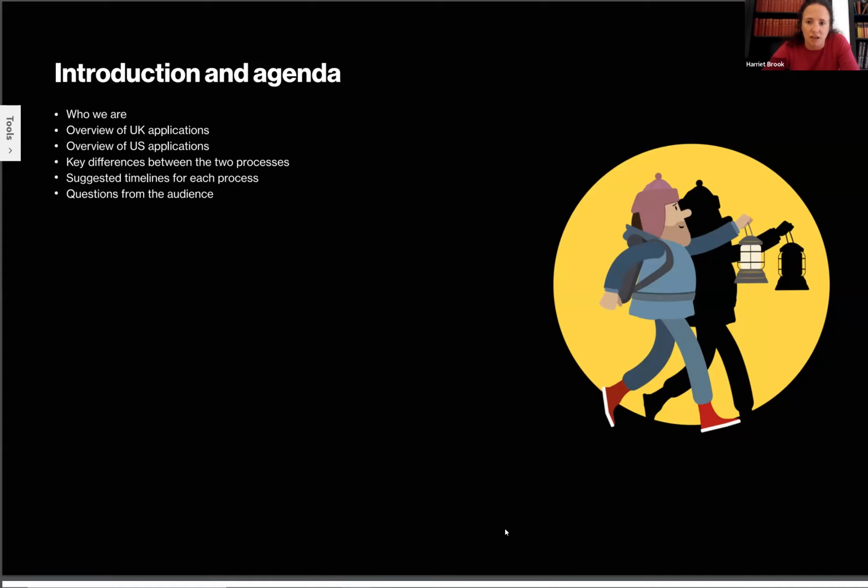So juggling the application process is fundamental, to make sure that the applications are equally robust. It's helpful to see them alongside each other to get a good sense of the timelines and what is required to put together a really strong dual application.